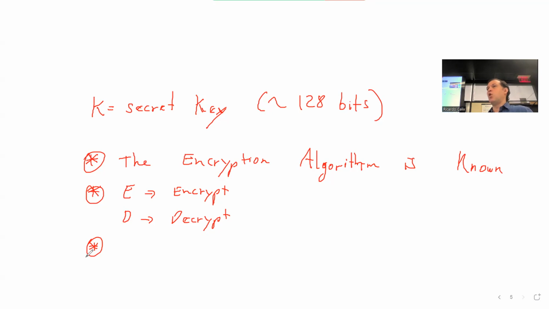That's the only thing you need to definitely protect. If you give that away, then you're in trouble. So the only secret is K, the secret key of some size, like I said, 128 bits, etc.